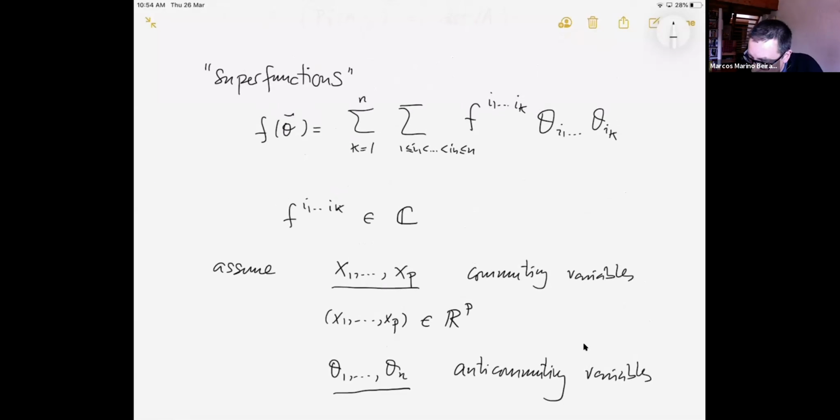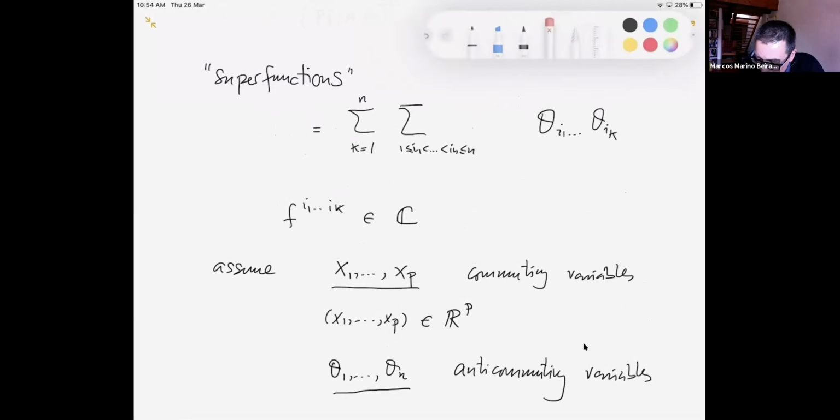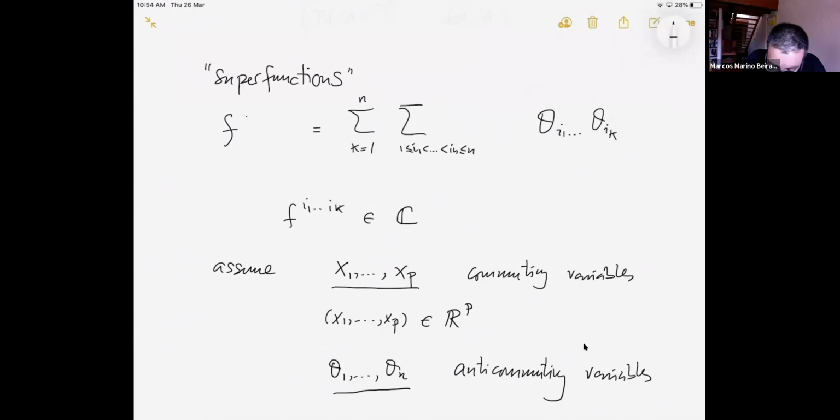That should occur to you naturally. So I'm going to promote this to something slightly more general, and introduce a function of x and theta.